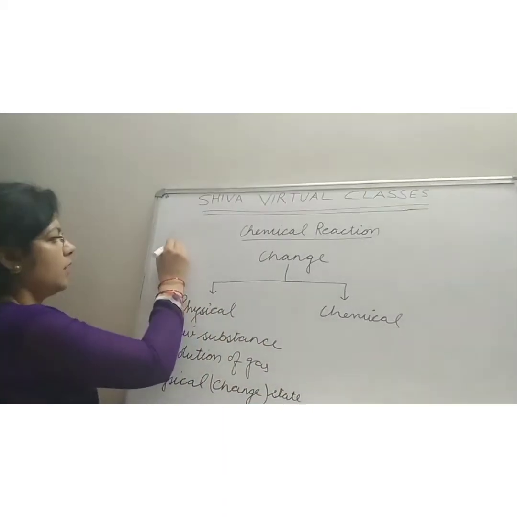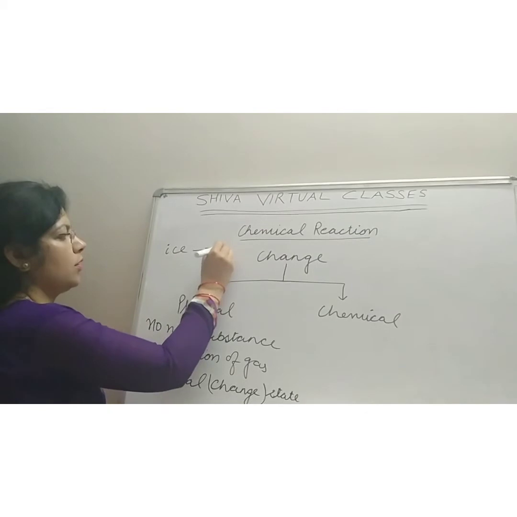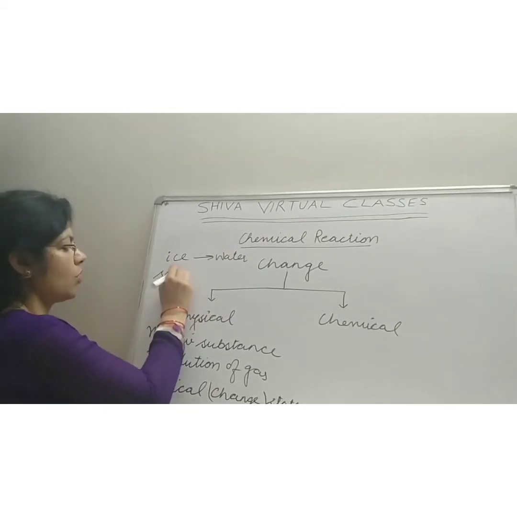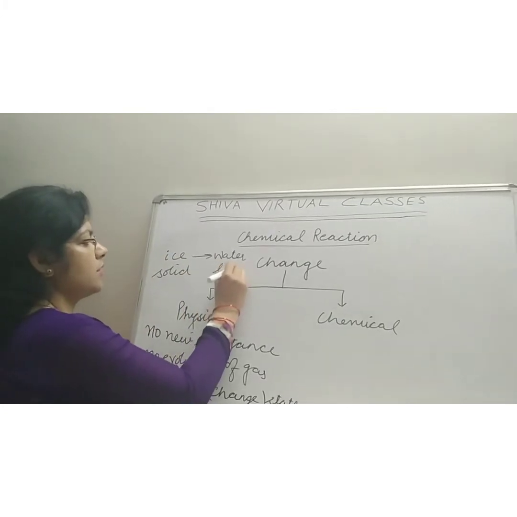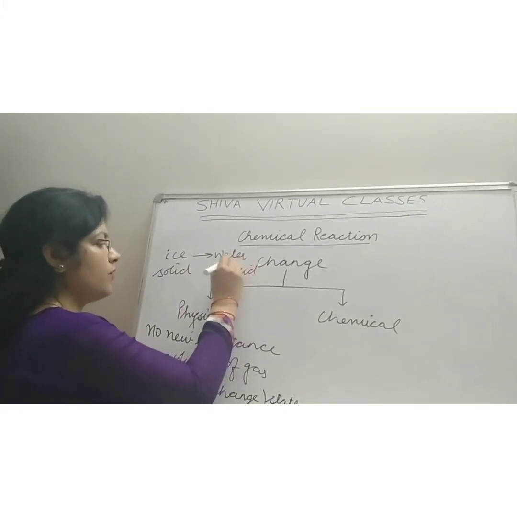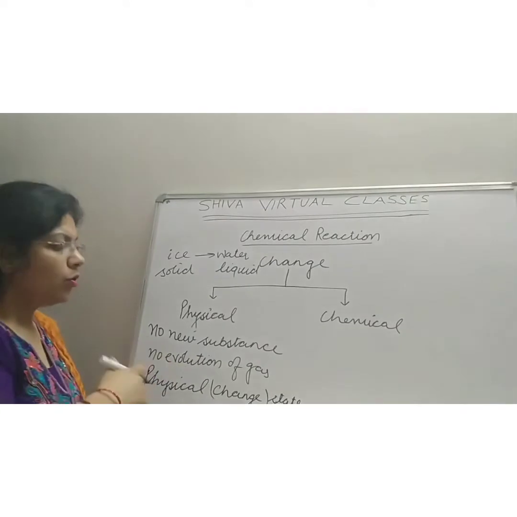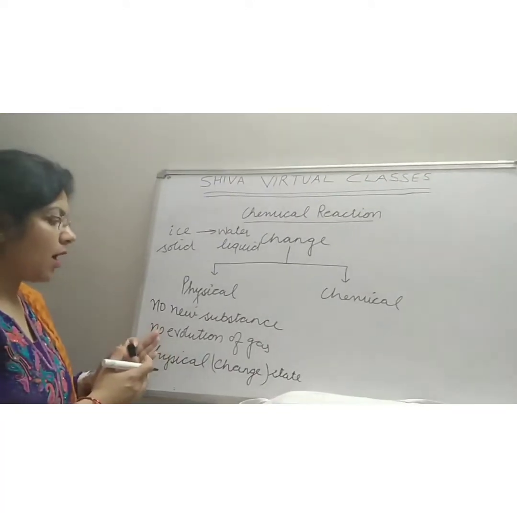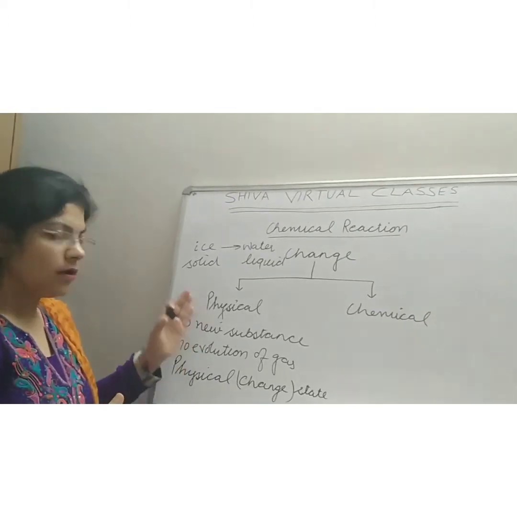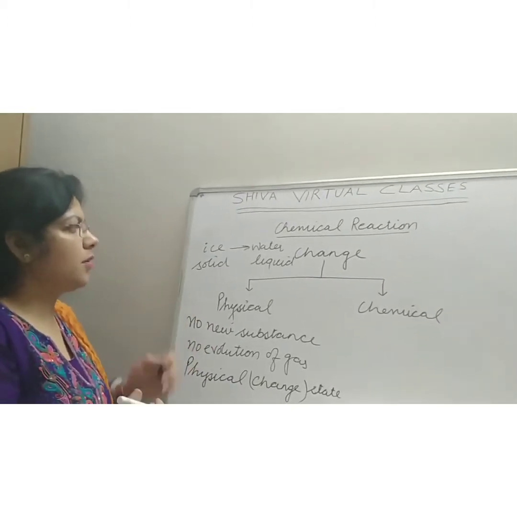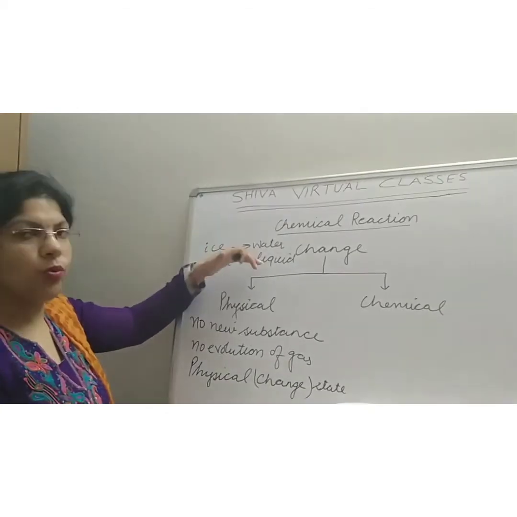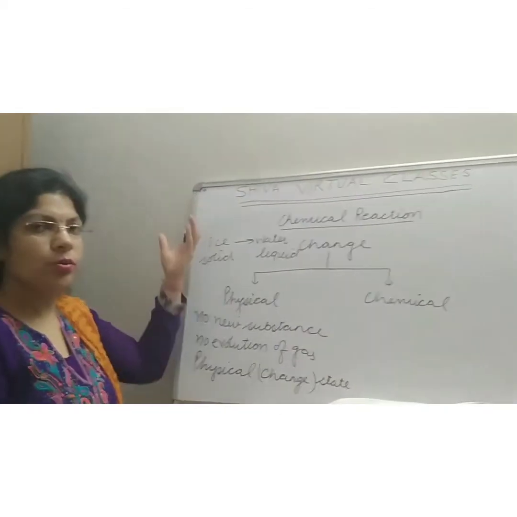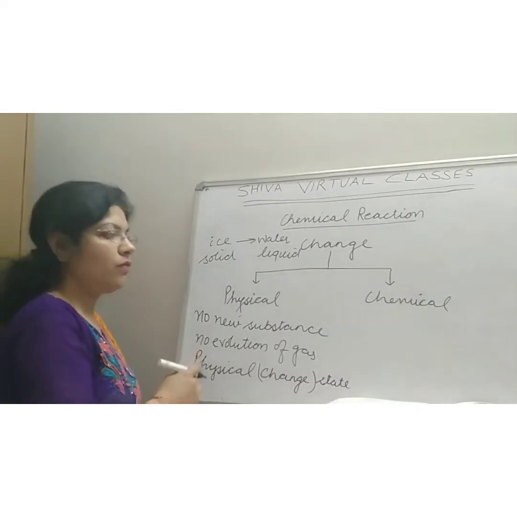For example, in ice to water, ice is in solid state and water is in liquid state. Only the physical state of the matter will change, no new substance is formed. These physical changes are reversible in nature. Reversible means when ice converts into water, you can also convert water into ice by freezing.